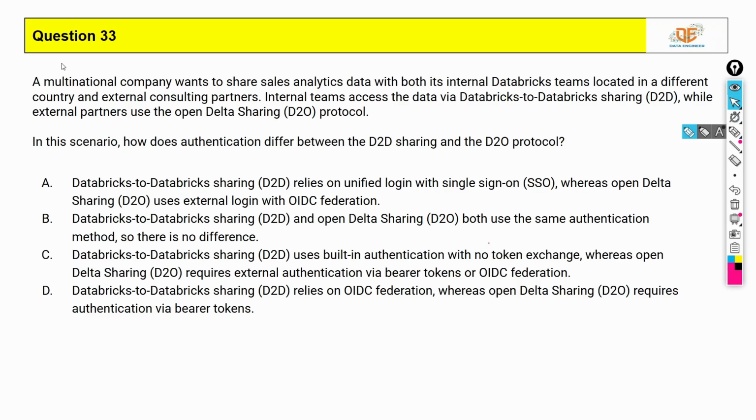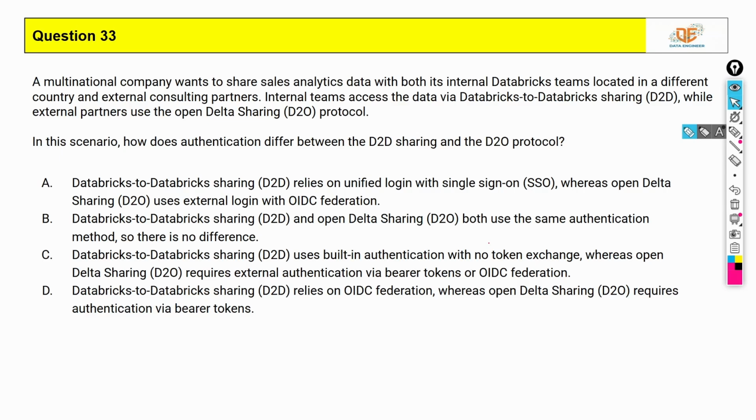Question number 30. Again, this is also an important question. I have not got this particular question exactly, but I got some similar questions on the Delta Sharing part, so it is also an important topic for us. A multinational company wants to share sales analytics data with both an internal Databricks team located in a different country and an external consulting partner.